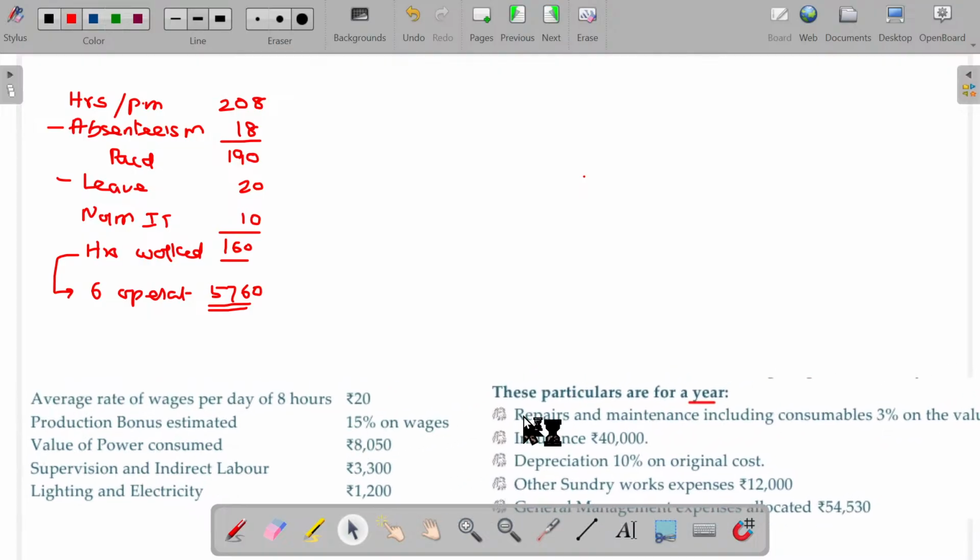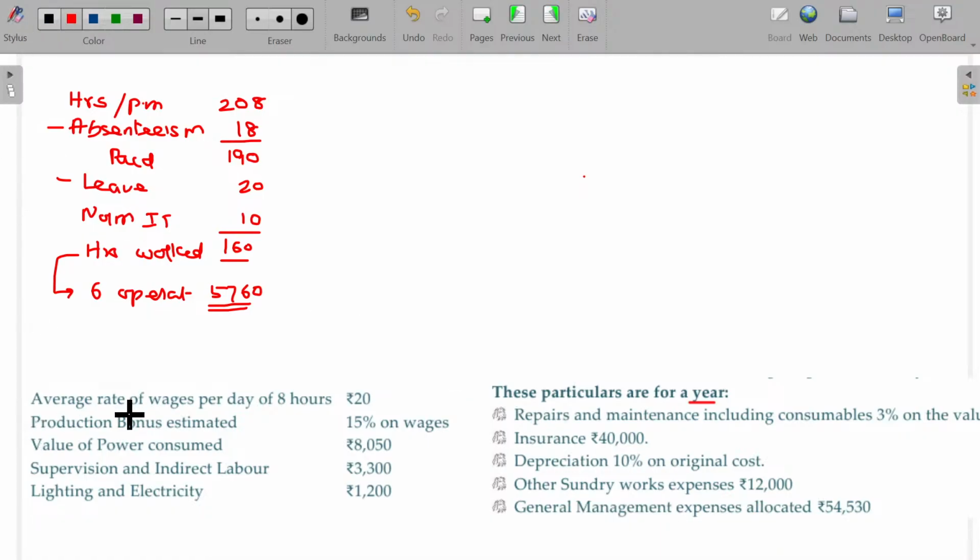Now tell me, average rate of wages per day of 8 hours. Operators' wages.